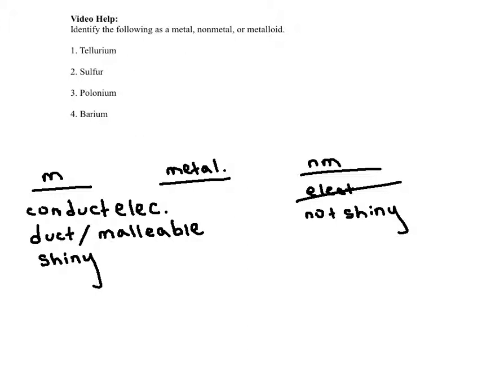So metalloids are semiconductors, meaning they aren't great conductors of electricity, but they still do conduct. Obviously the characteristics of metalloids vary depending on the element that you're dealing with. But all you need to know is that it's in between metal and nonmetal. It has both of those characteristics.